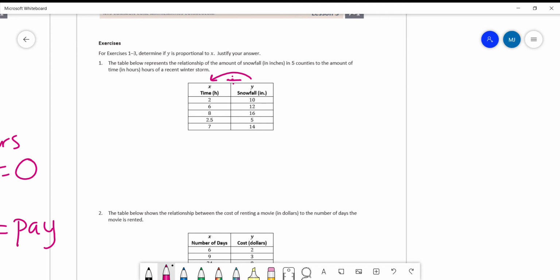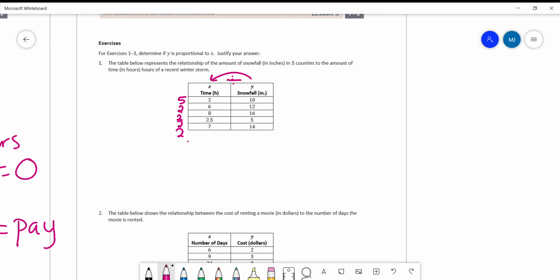And so if we're doing this, we do 10 divided by 2 would be, and 12 divided by 6 would be, 16 divided by 8 would be, 5 divided by 2.5 would be 2, and 14 divided by 7 would be a 2. Sorry, I was looking at my wrong problem and trying to do this one at the same time.